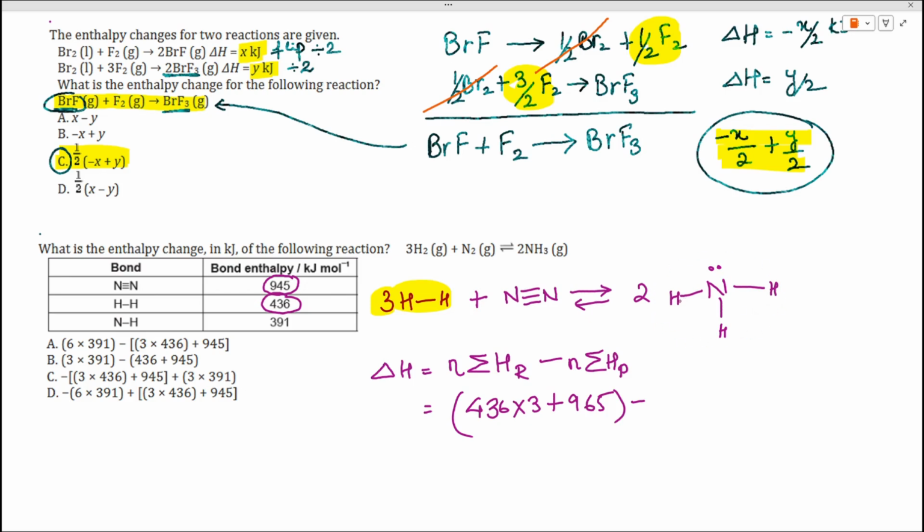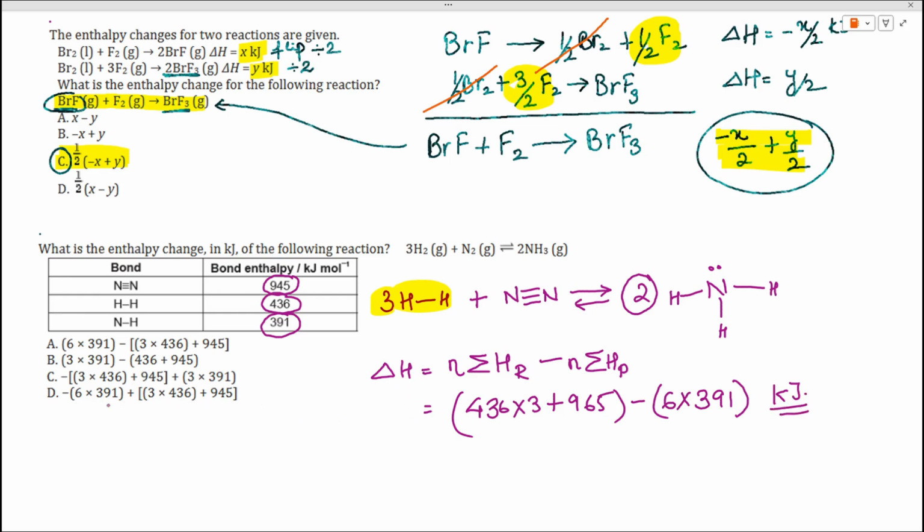So we have 3 N-H bonds in ammonia, and because 2 molecules are there, we have a total of 6 bonds here, which means it is going to be 6 multiplied by the bond enthalpy of the nitrogen-hydrogen bond, which is 391, so multiplied by 391, and this should be the answer in kilojoules.